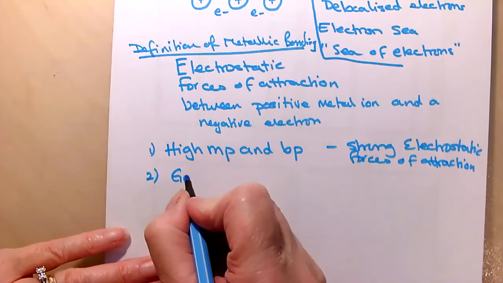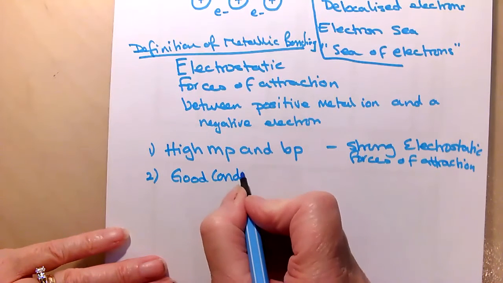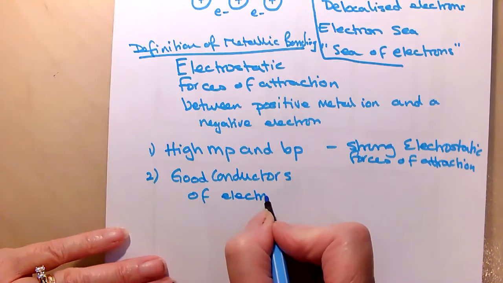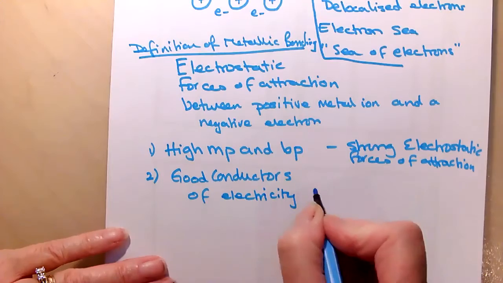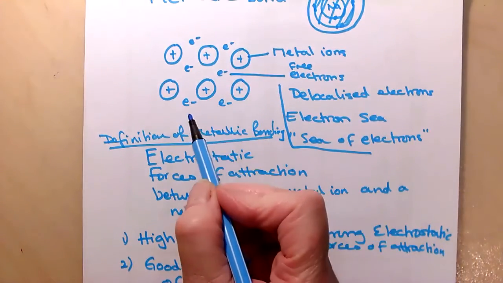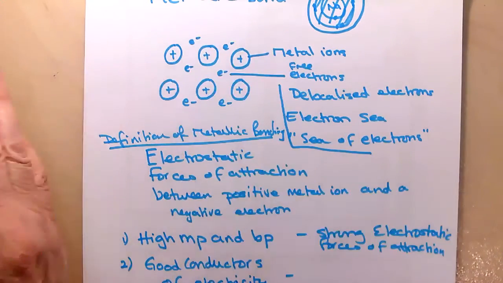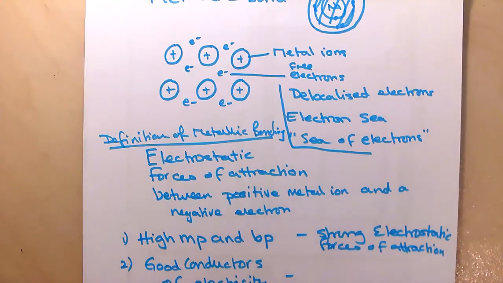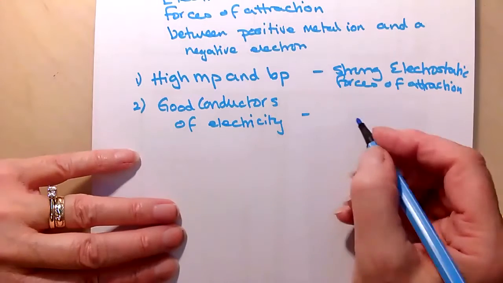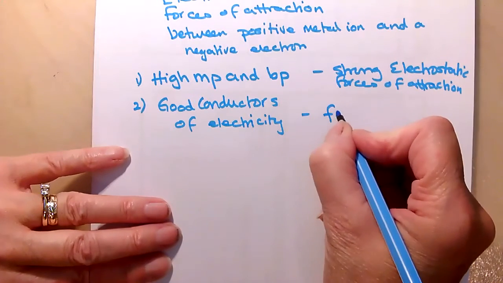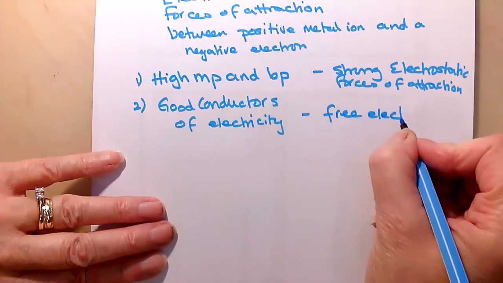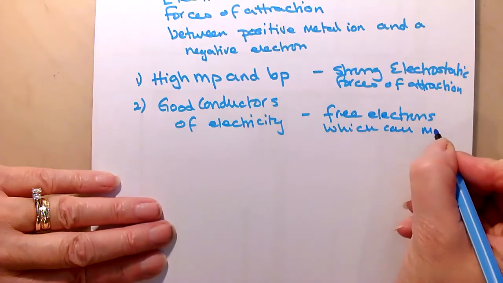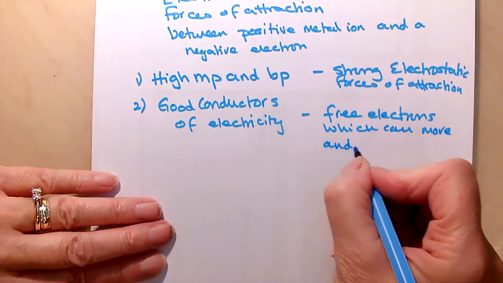They are good conductors of electricity, and that's because they have free electrons that can move. If we put a potential on our metal, then the electrons will move and carry charge. So the reason it's a good conductor is that it's got free electrons which can move and carry charge.